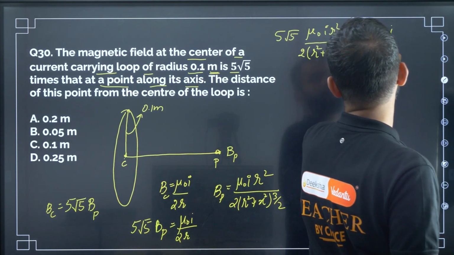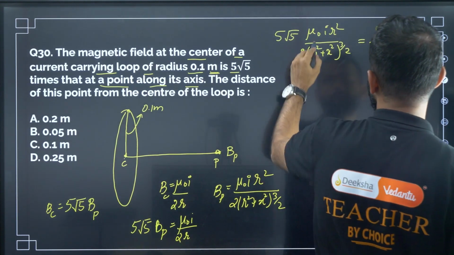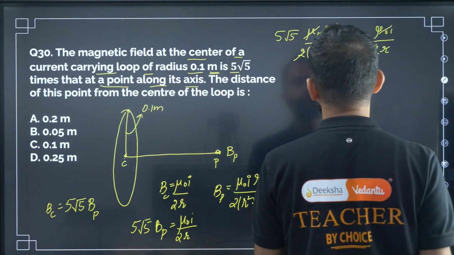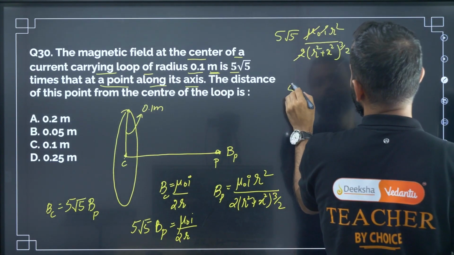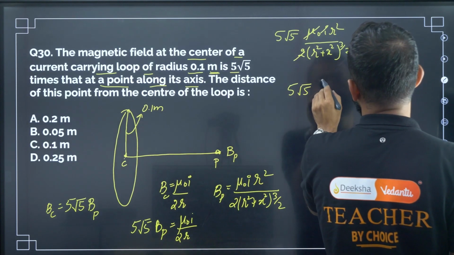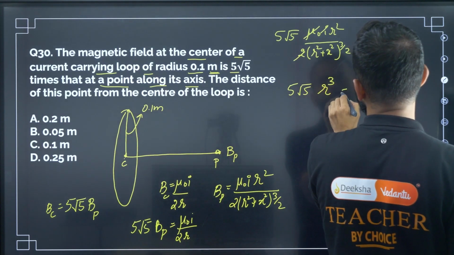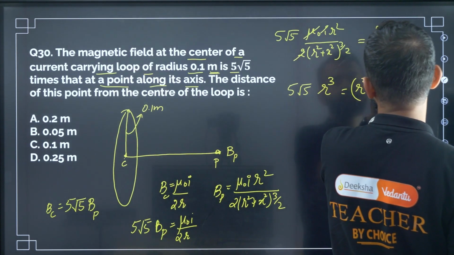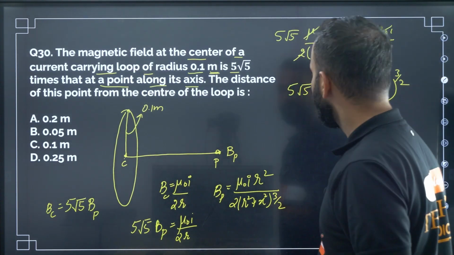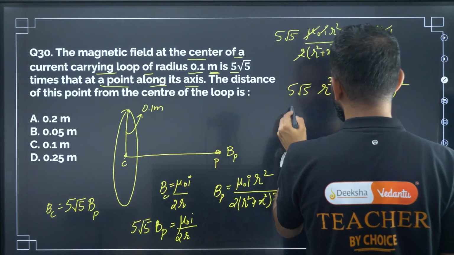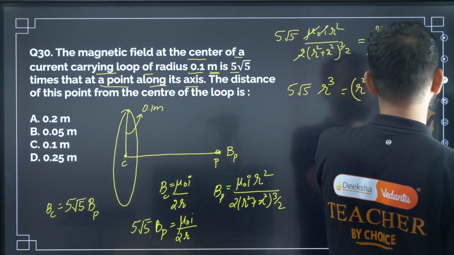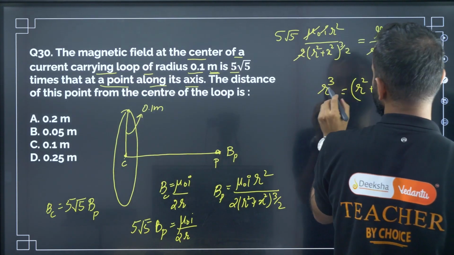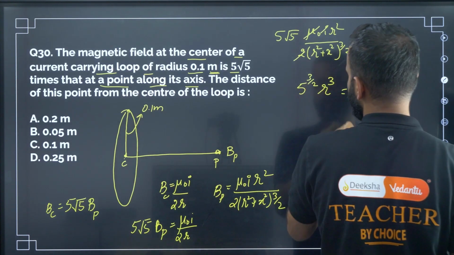Mu naught I by 2 will get cancelled. So 5 into root 5 times R cube is equal to (R square plus x square) to the power 3 by 2. Now 5 times root 5 is 5 to the power 3 by 2.